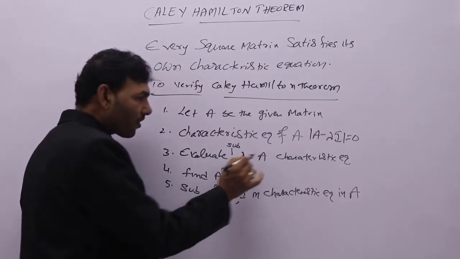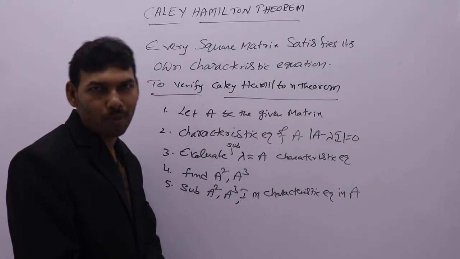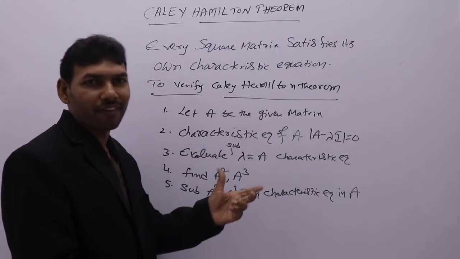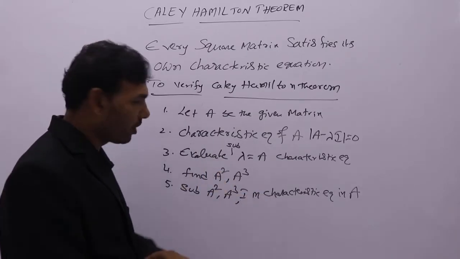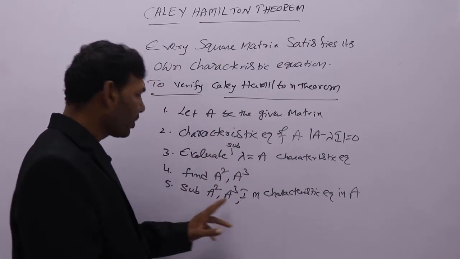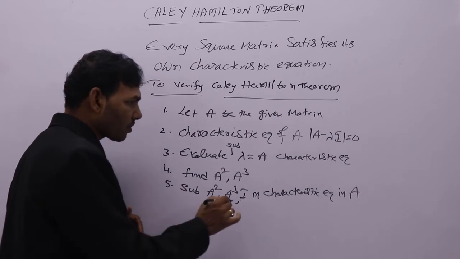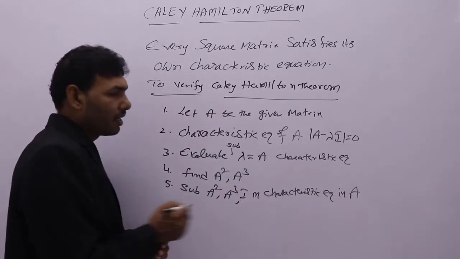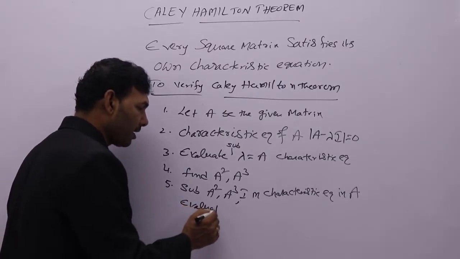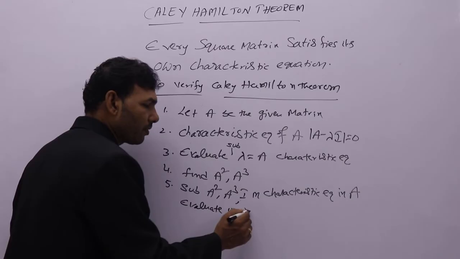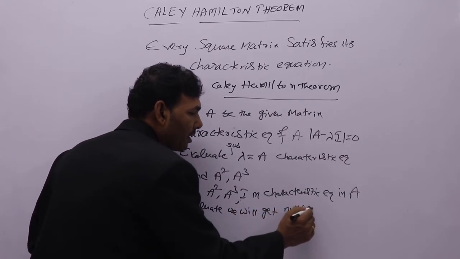That means after writing lambda equal to A, the equation will be in A. That is also called a matrix polynomial, because that is an equation in matrices. In that matrix polynomial, you need to substitute A square, A cube and I. After simplifying, we will get a null matrix as the answer.